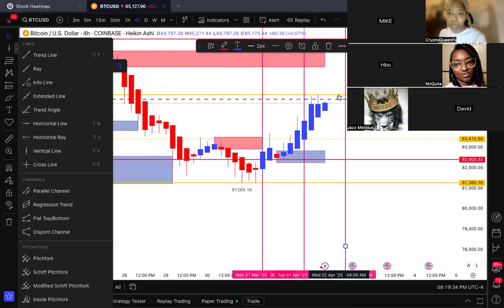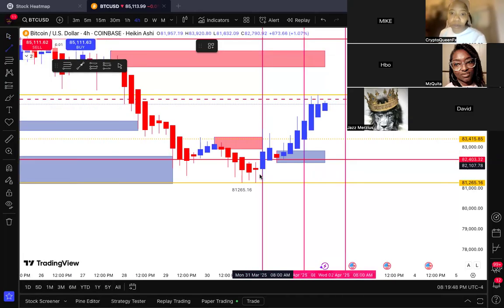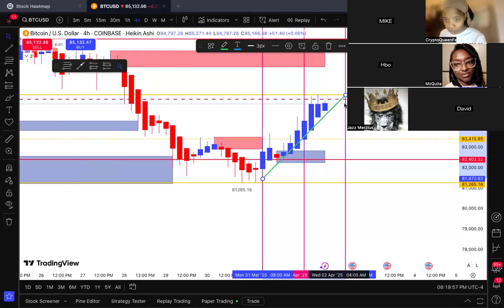And when it breaks this midweek, it's like breaking a strong resistance level. So a break above this will be a strong buy because it's breaking a strong resistance level right here. This dotted line right here, that's the mid-month marker.